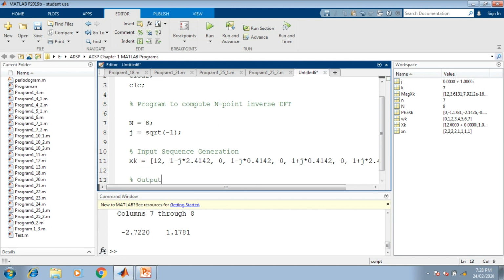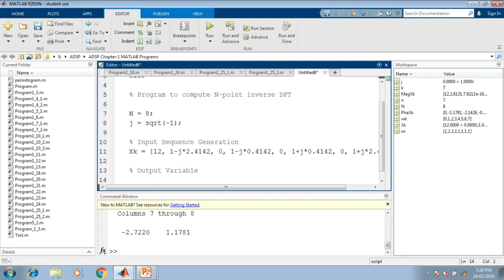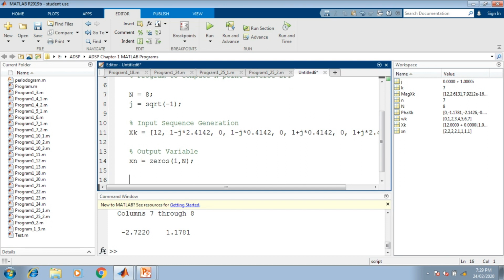As the inverse transform will get us back to the discrete time domain, we shall use small casing, so the variable can be xn. We expect xn initially to hold zeros, so in the MATLAB syntax zeros, we specify 1 comma capital N as the input. Now it's time for the computation of the IDFT, the inverse discrete Fourier transform.